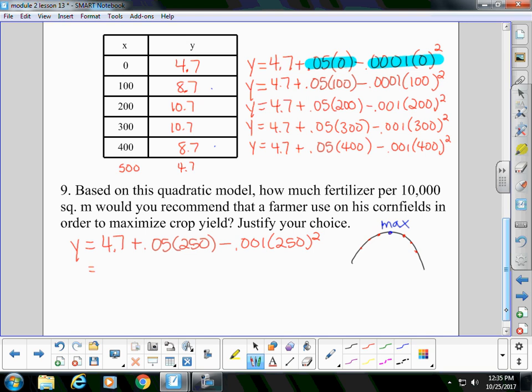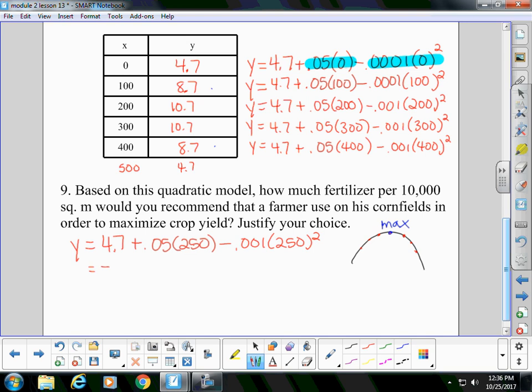Okay, so plugging in 4.7 plus 0.05 times 250 minus 0.0001 times 250 squared. Very interesting.